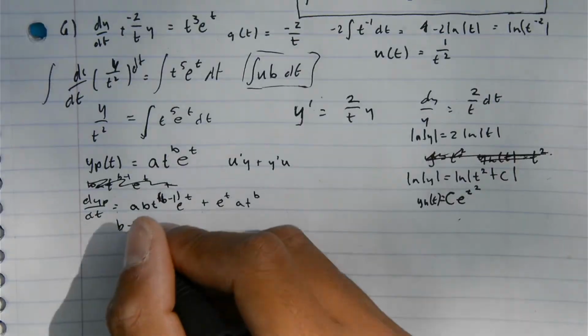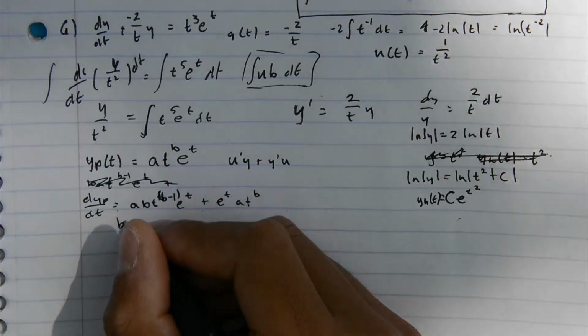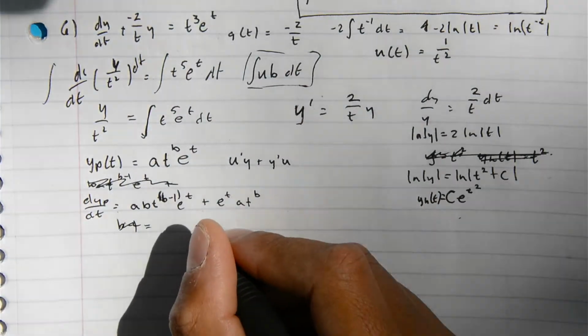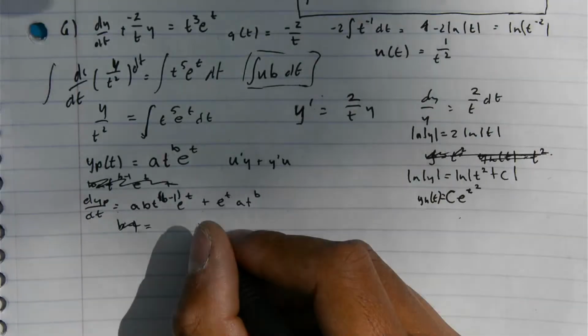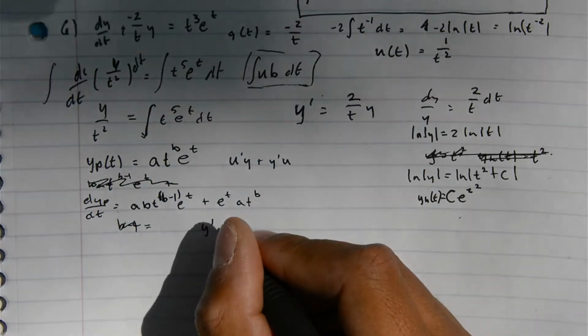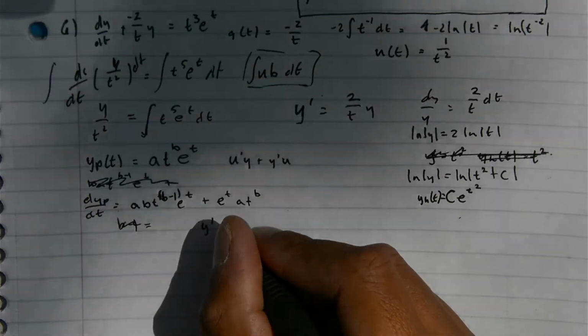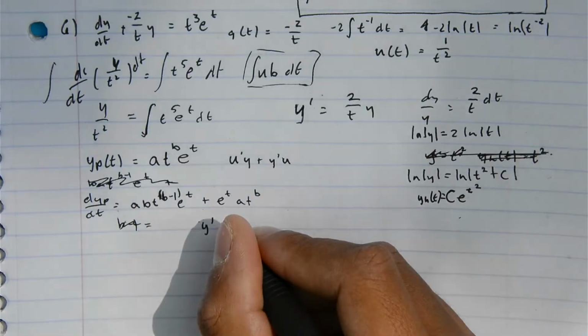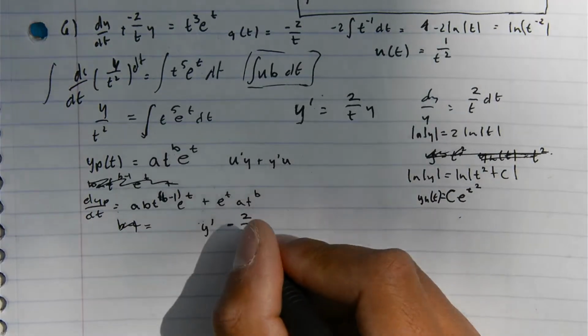We need to guess a particular solution to the differential equation y prime minus 2 over t y.